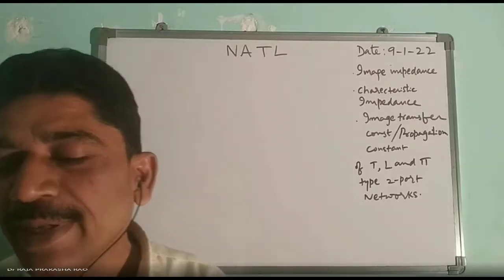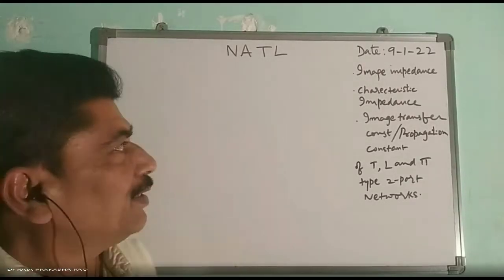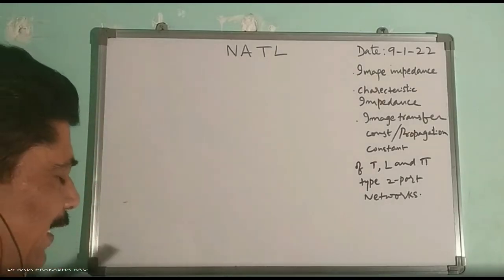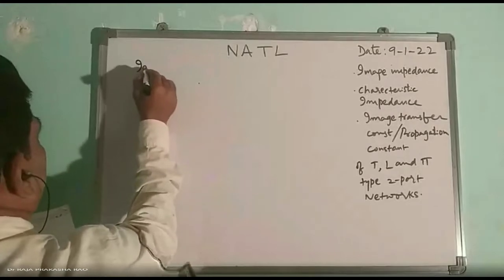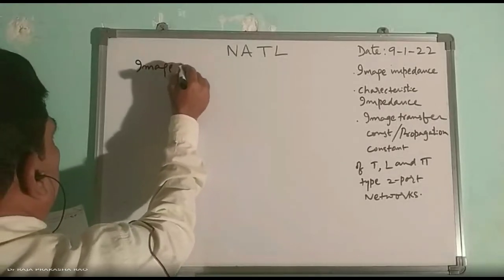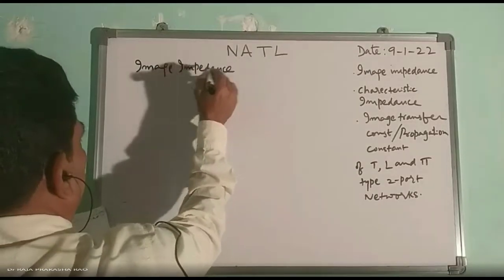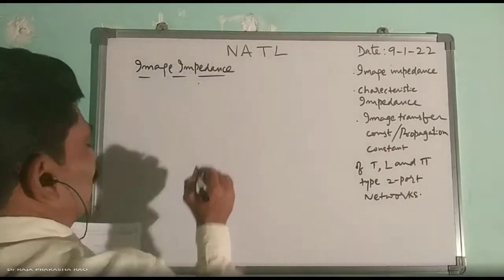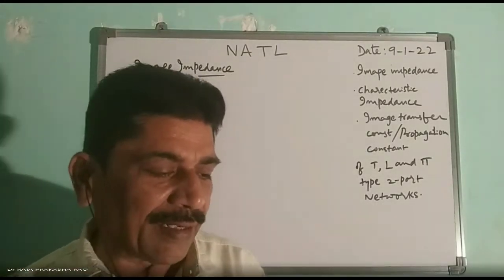Let me begin the image impedance of T-type two-port network. Let us consider a T-type two-port network. For any two-port network, there will be two image impedances. We have already discussed this in earlier classes.